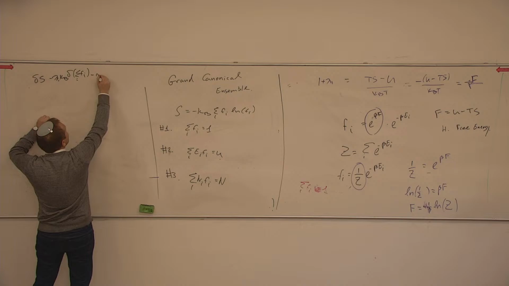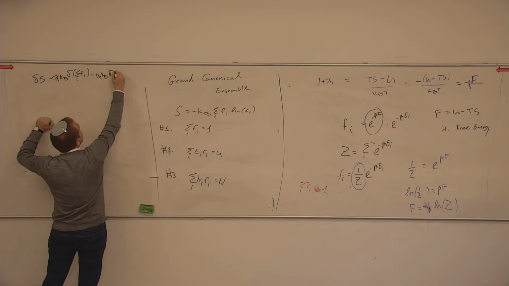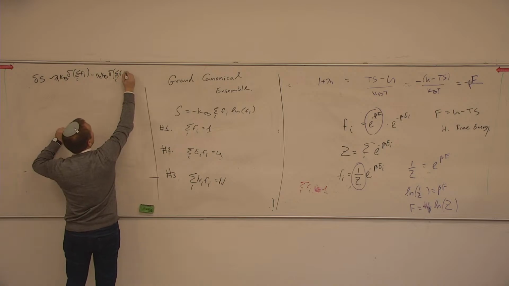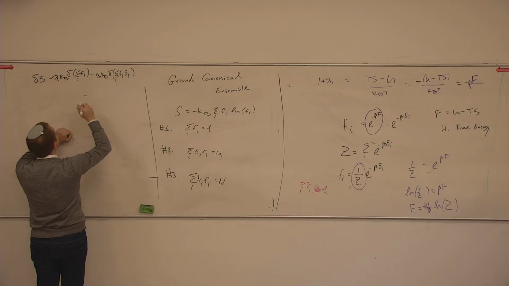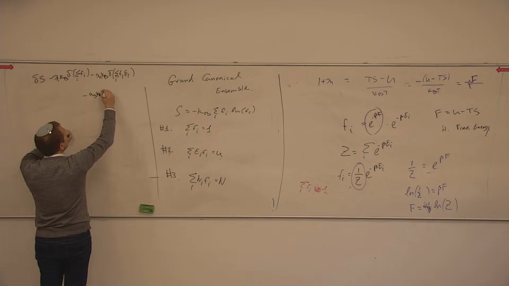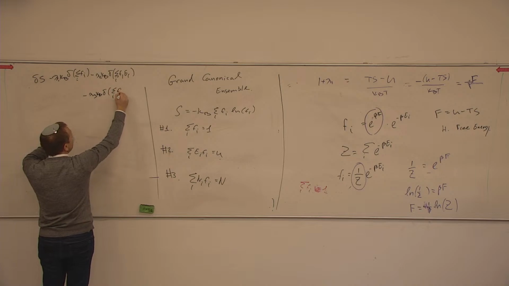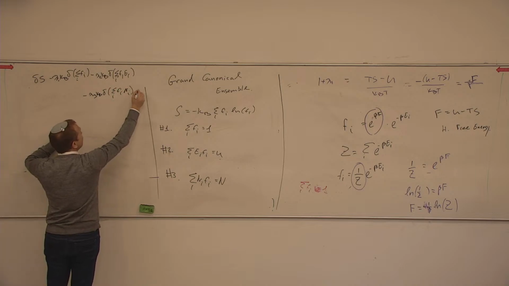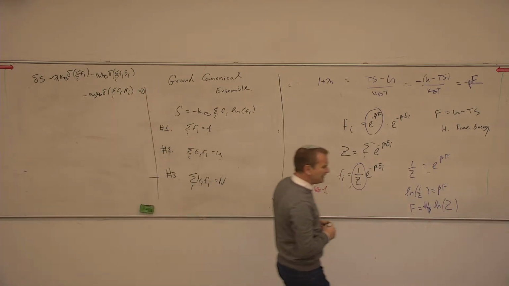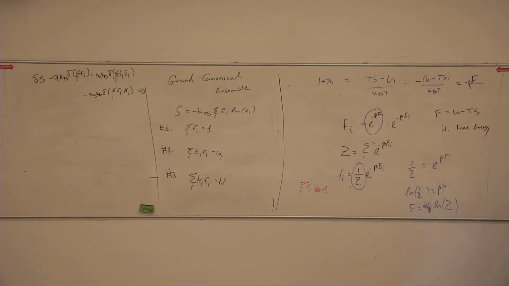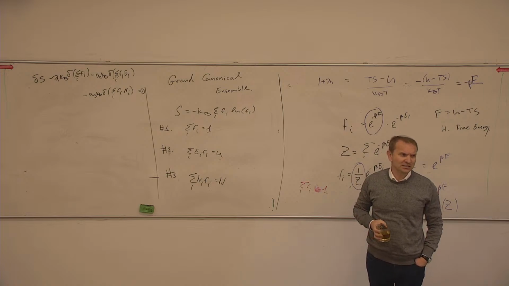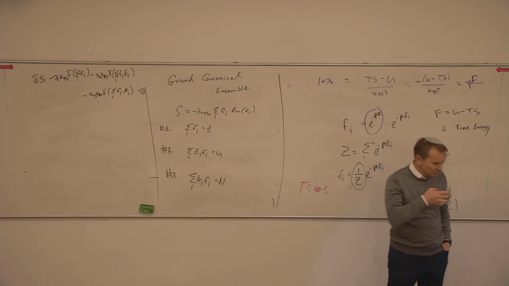So this is my equation. I need to use the Lagrange multipliers. All the different f_i's are independent. I can vary them as much as I like, and I need to find the extremum point.